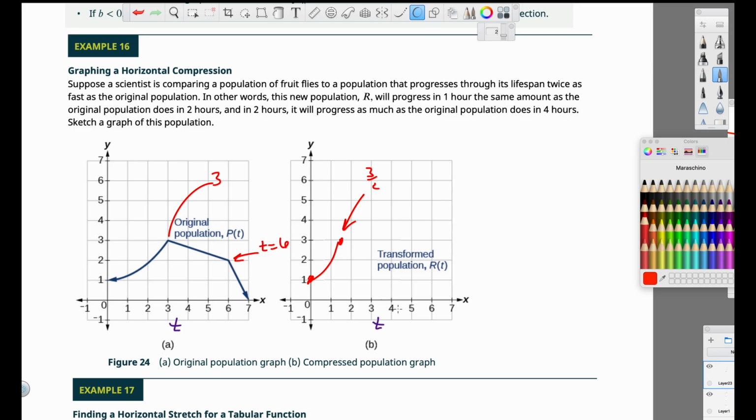That's going to get cut in half to 3. So right here we have a 6-2 position. We're going to get a 3-2 right here. That is a time of 3. Then that's going to go down like that. And then 7, instead of an original time of 7, half of 7 is 3.5 right there. And this is going to come down right there. So you see we have compressed this graph horizontally by having all of the input values match the exact same output.